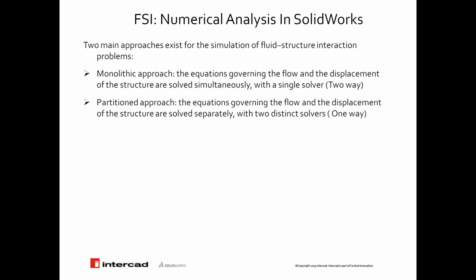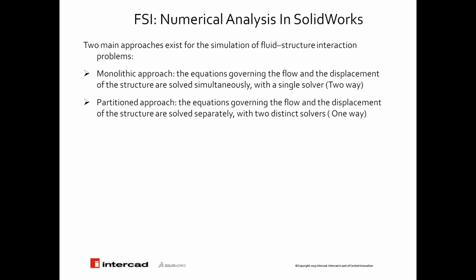The good thing about this one is that when a fluid is moving or deforming your structure and a new fluid domain is generated, this type of solver can regenerate the mesh and update the fluid domain after the structure is deformed and updated itself. So this scheme is also called two-way FSI.